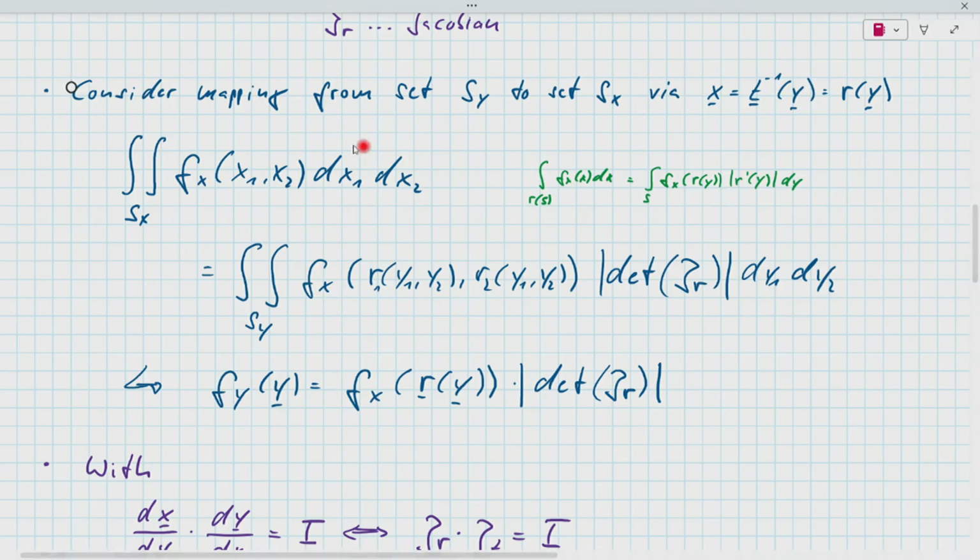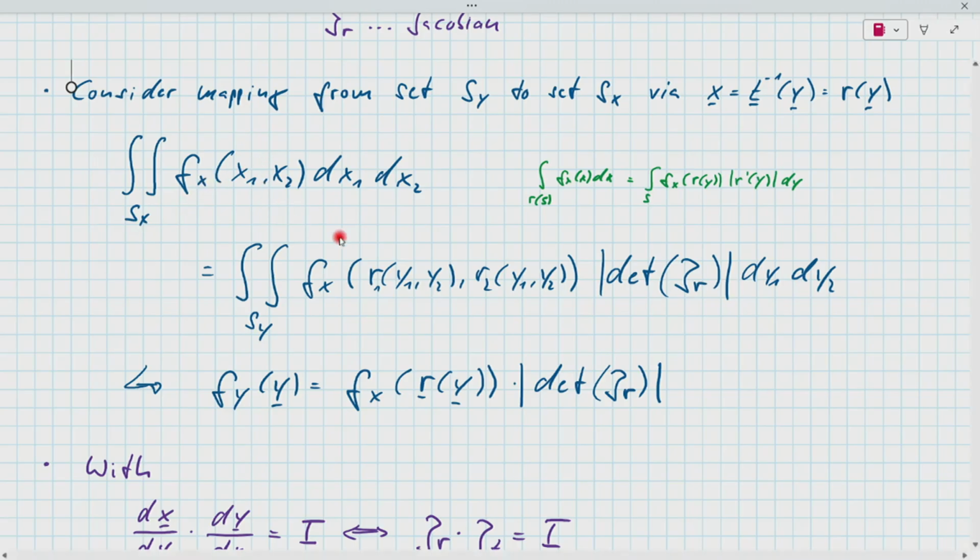We can now do a similar derivation for the multivariate case, or in that case, the bivariate case. So this is exactly that part, where we still want to change the integration area.